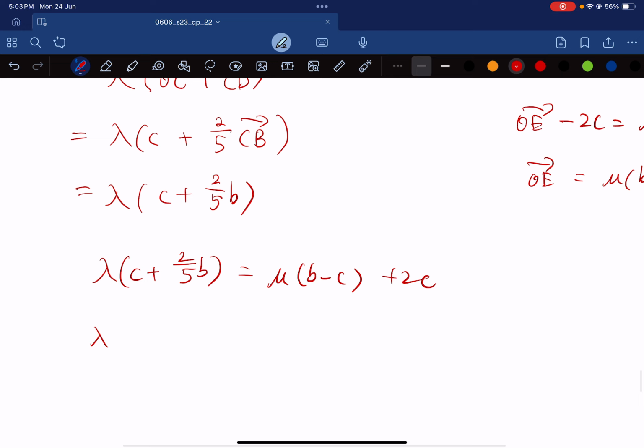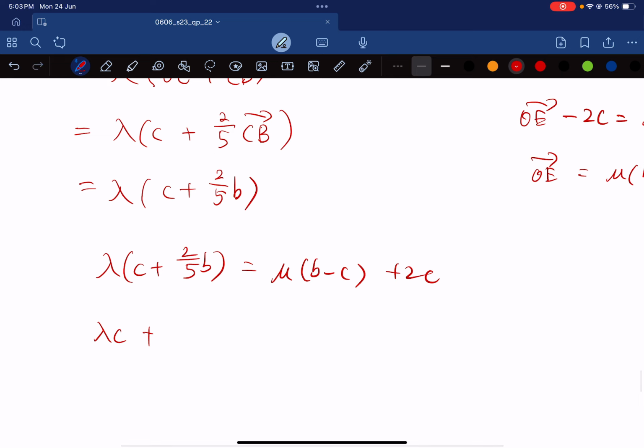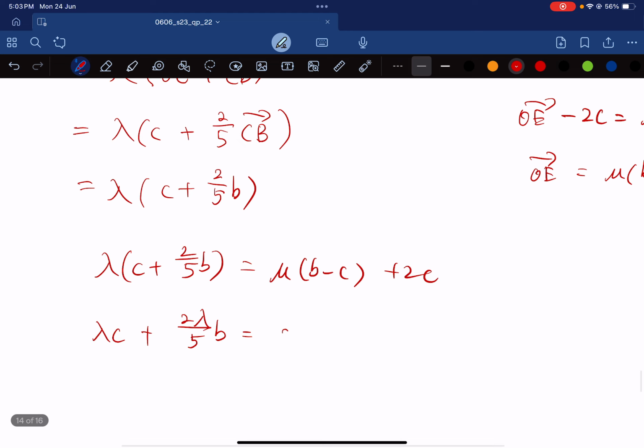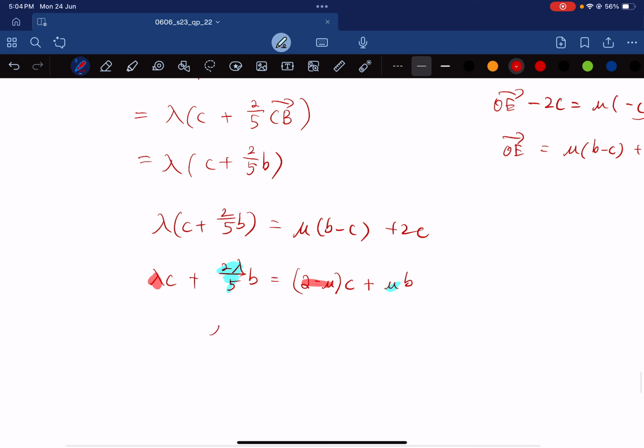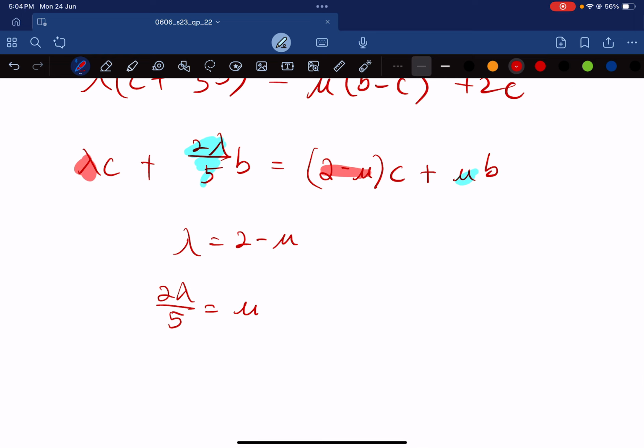So I have lambda c plus 2 lambda over 5 b equals 2 minus mu c plus mu b. The coefficient of c should be equal, and the coefficient of b should be equal. So lambda equals 2 minus mu, and 2 lambda over 5 equals mu. Substitute this inside.